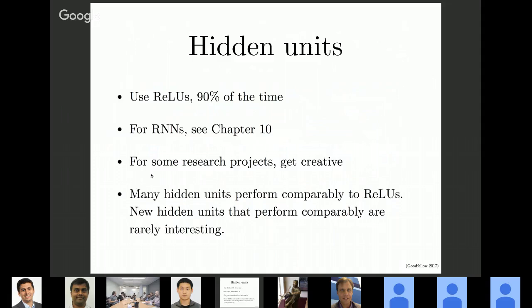So I just thought, well, I don't know of anybody who's used cosine as a hidden unit. So Aaron and I actually ran a new experiment just for the sake of making this argument in the book. We just picked the cosine function out of a hat, ran that, and it worked pretty well on the MNIST data set. And so that gives you an idea that basically a lot of activation functions that have strong gradient over quite a lot of their domain are going to work really well in a lot of cases.